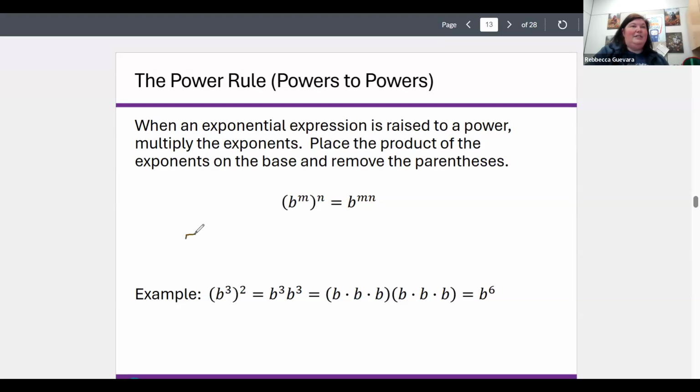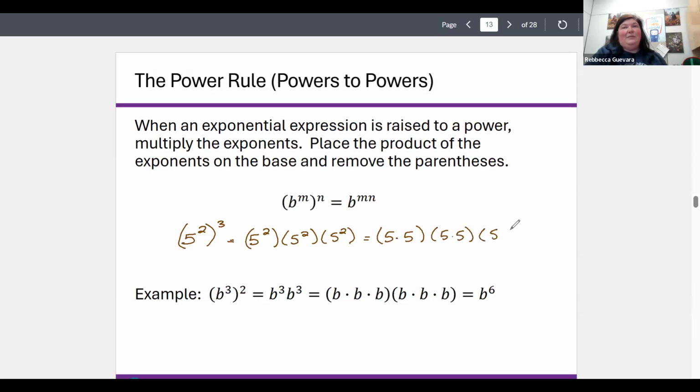So if I had, say, 5 to the power of 2, and I raised that to the power of 3, what that means is that I have 5 to the power of 2, 3 times, and each one of these is just 5 times 5, so that's 5 times 5, 5 times 5, 5 times 5.